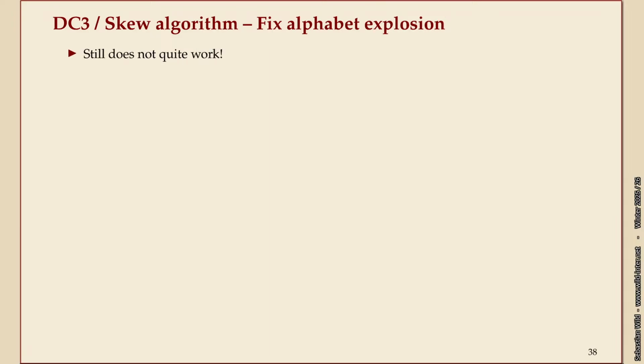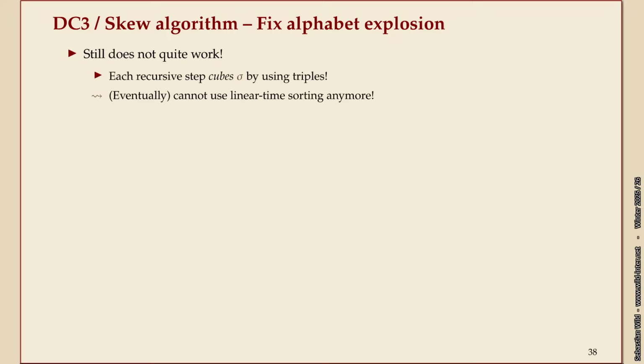But now we created a new problem because we cubed the size of the alphabet in each recursive call. And that you can only do a few times before it gets so big that you can no longer use counting sort. At least in the simple way, right?